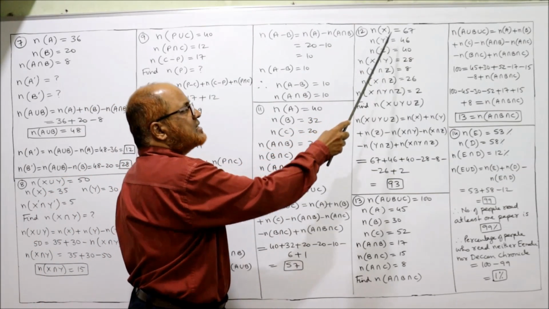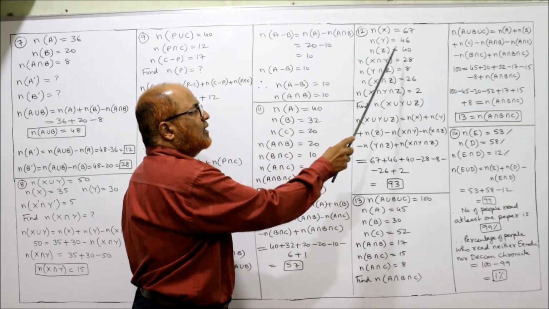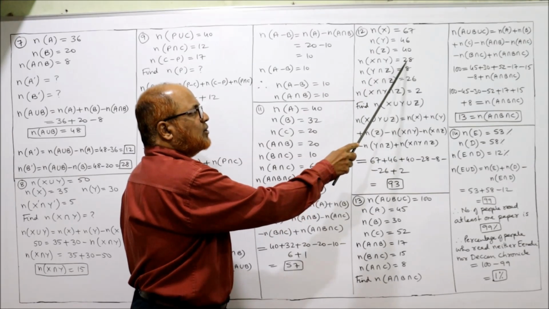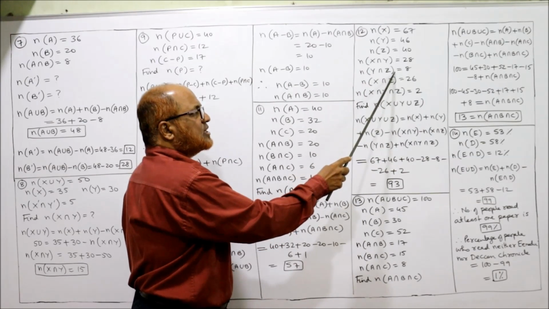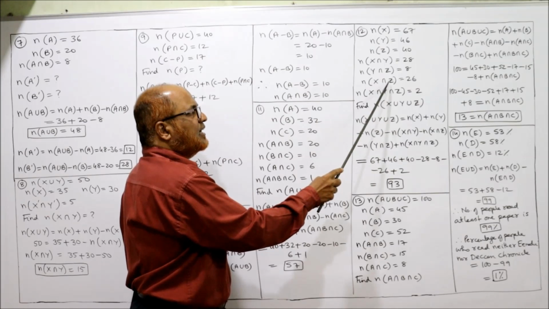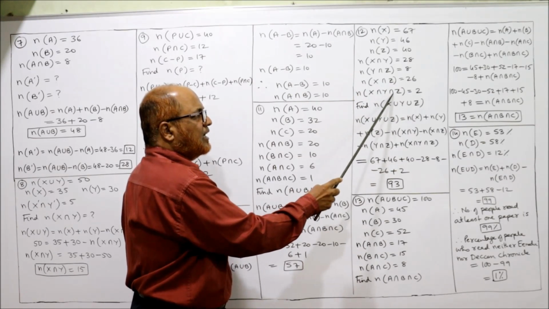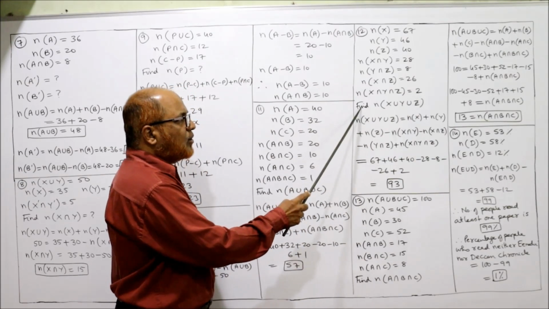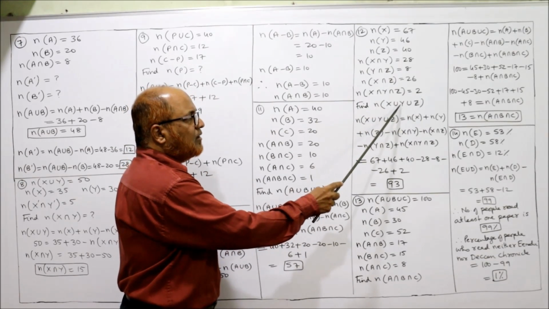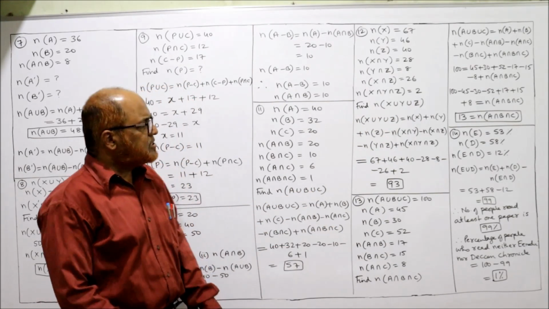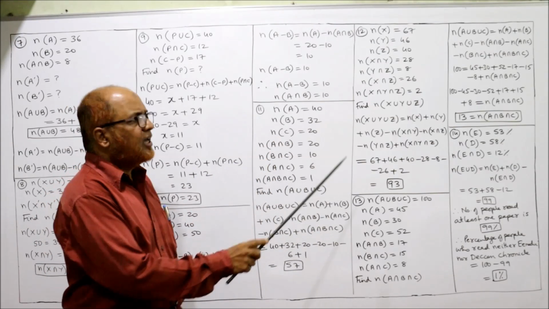So N of x 67, N of y 46, N of z 40. N of x intersection y 28, N of y intersection z 8, N of x intersection z 26. N of x intersection y intersection z 2. Now we have to find out N of x union y union z. Same formula, only alphabets changed.